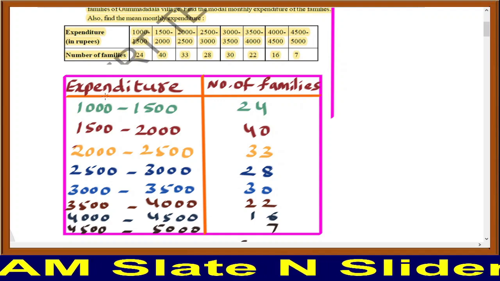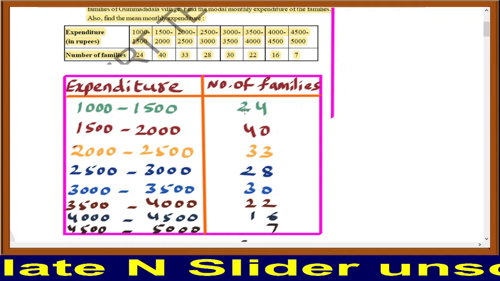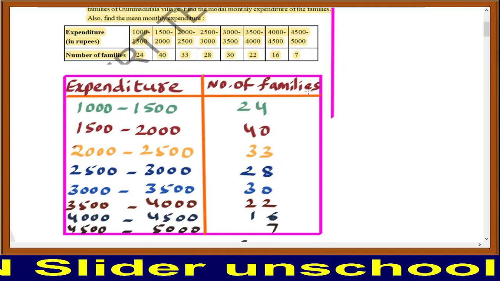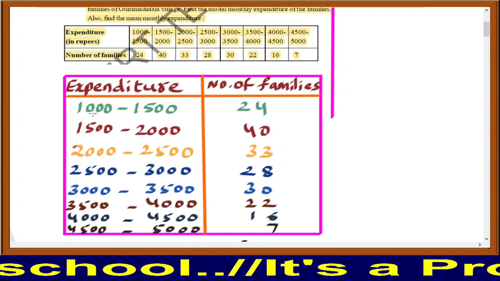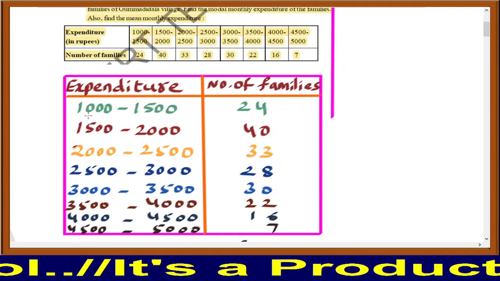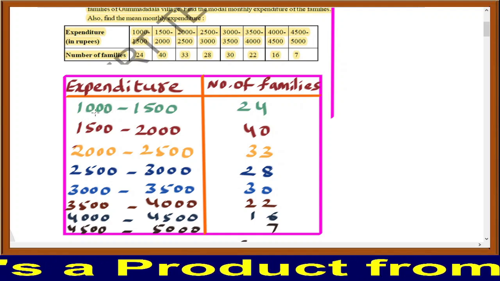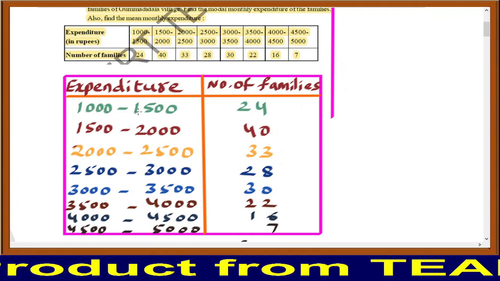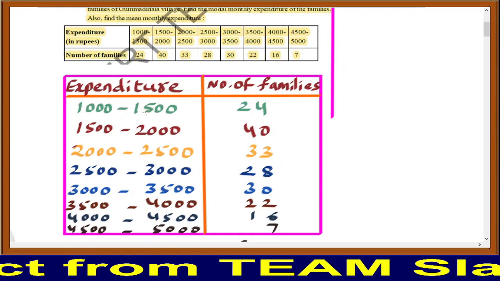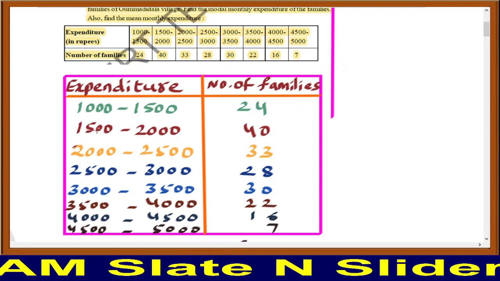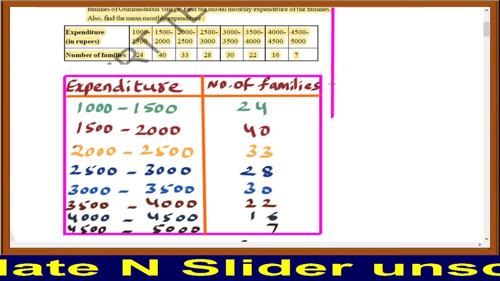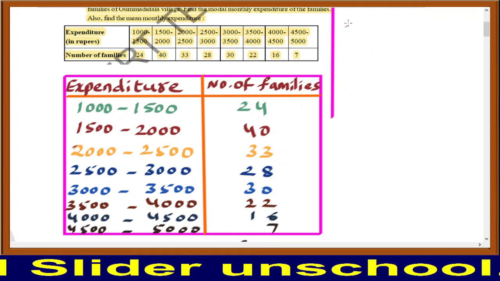So, I am writing 1000 to 1500, the number of families is 24. Here the number of families means frequency, and expenditure 1000 to 1500 is the class interval. Just observe one thing: the first class interval's upper limit is 1500, and for the next class interval the lower limit is 1500. So, these two are equal. These kinds of classes are called exclusive classes.